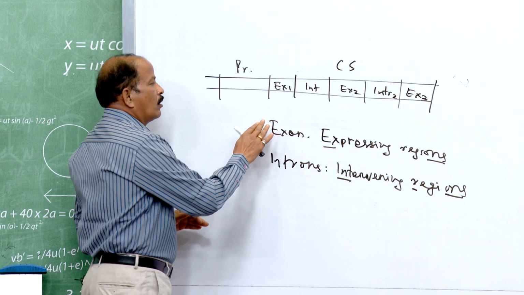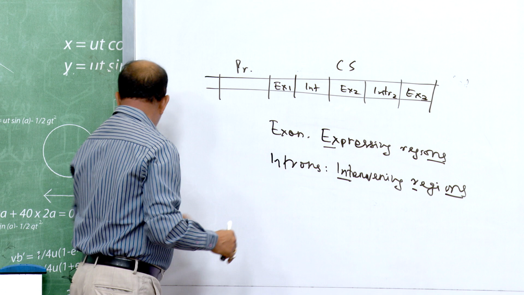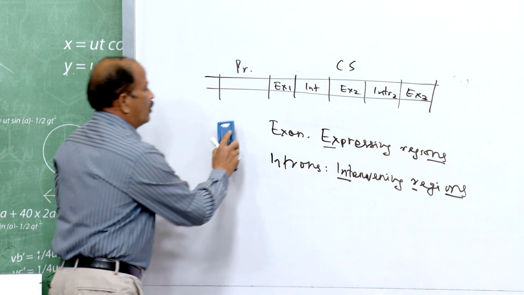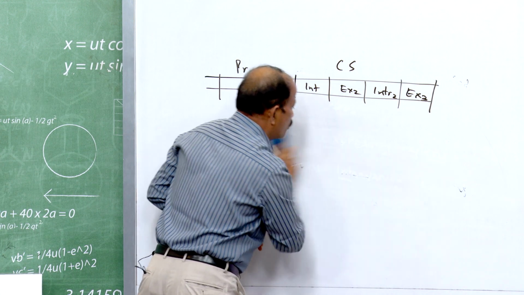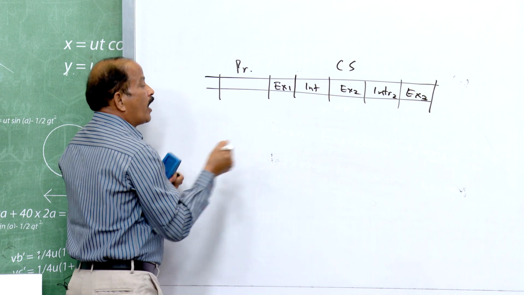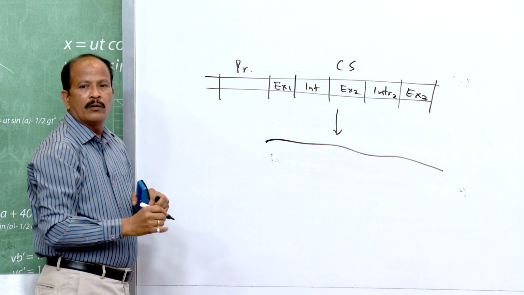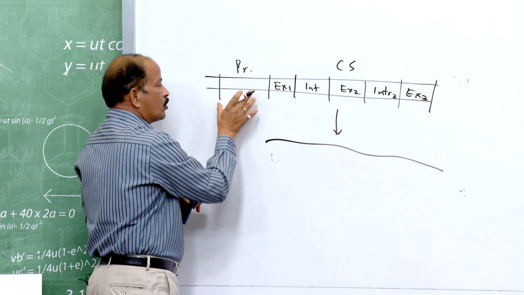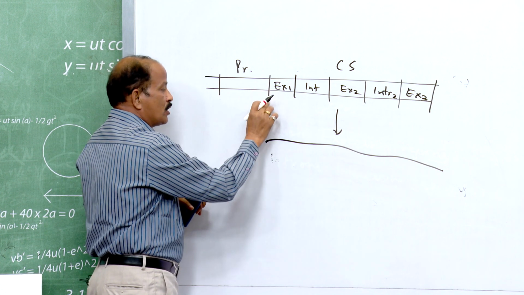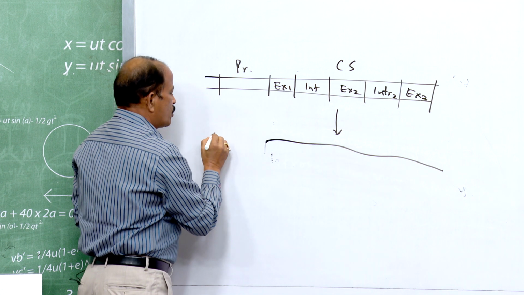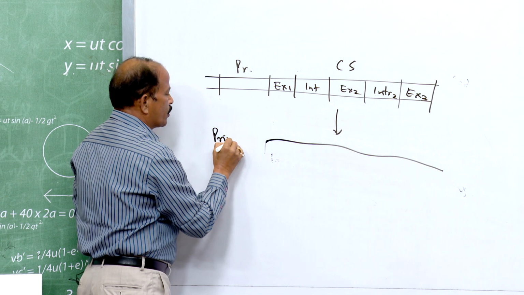Now a question arises: when DNA is transcribed to form RNA, this much is not going to be transcribed, this is to be transcribed. So, this is your primary RNA transcript.